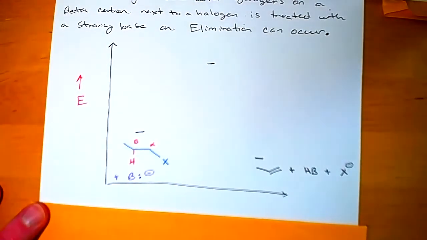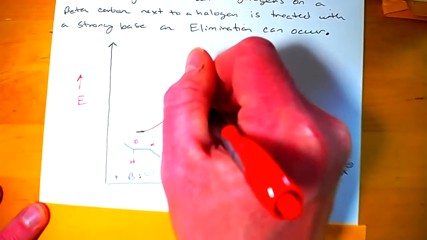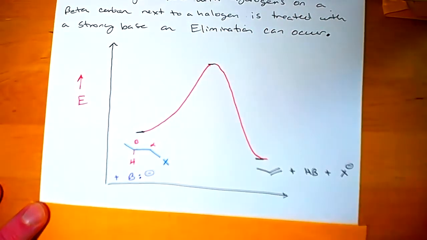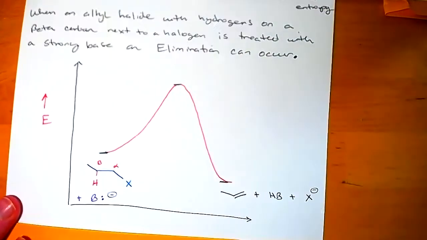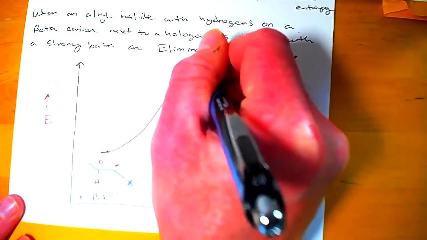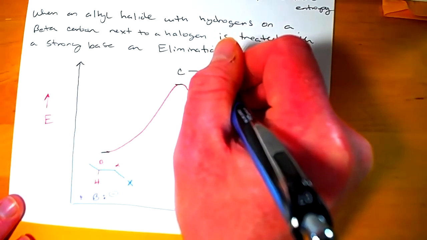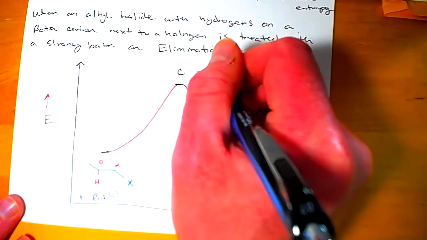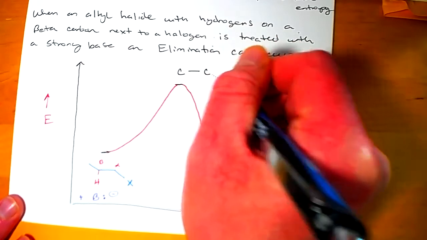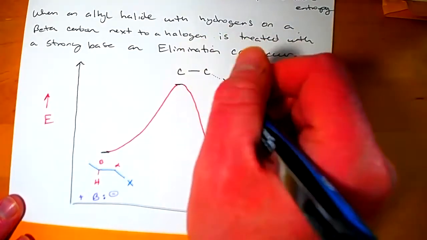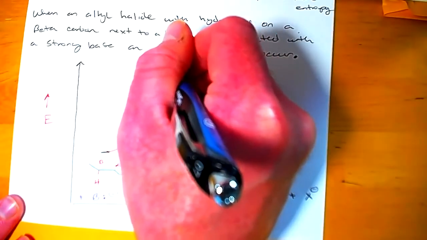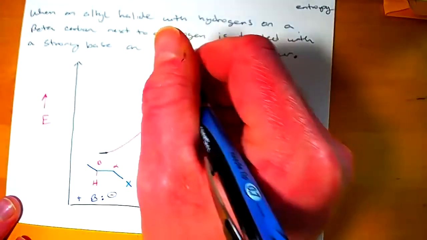But the question here is, what does this transition state look like at the top? What does it most closely resemble? Well, you are going to start breaking the bond between the carbon and the halogen, okay? And you're going to have a hydrogen here on that beta carbon.